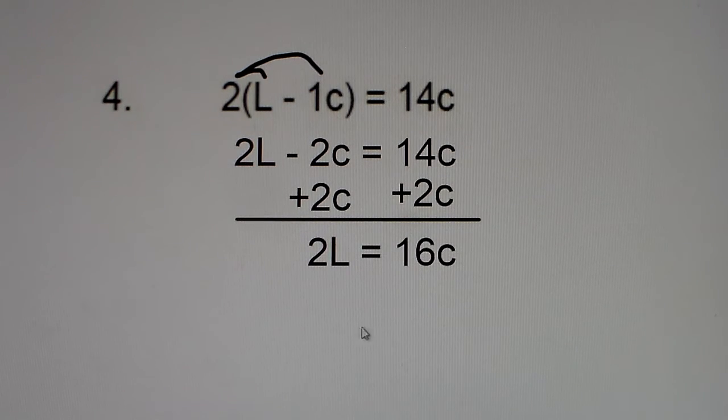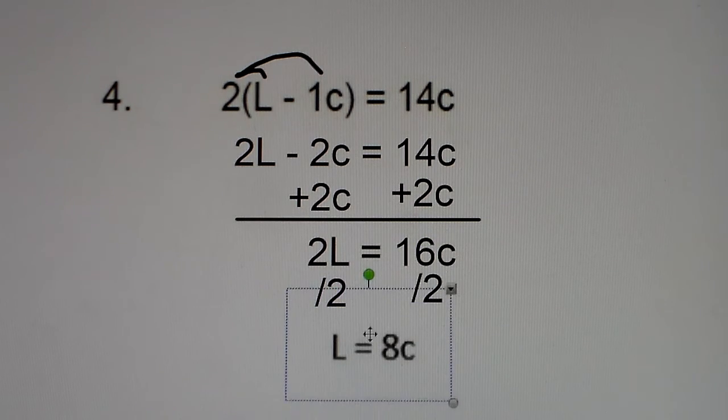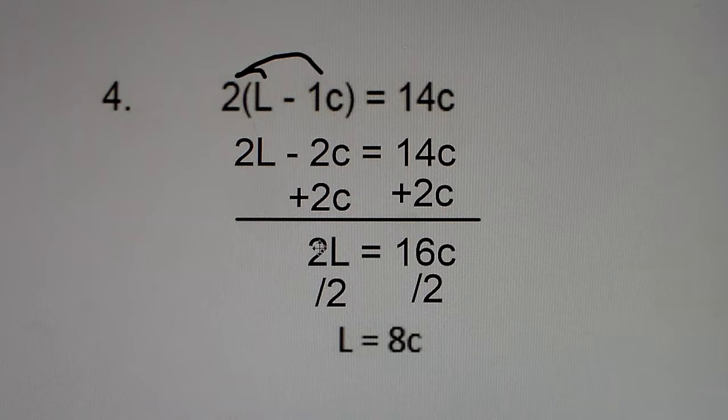Then we divide by 2 on both sides. The 2 times and the divide by 2 cancel each other out, so you just get L. L equals 16 divided by 2 is 8, so you have 8C. That's the answer to number 4.